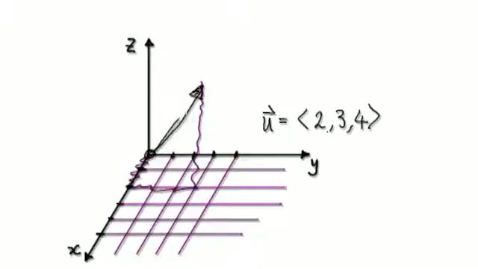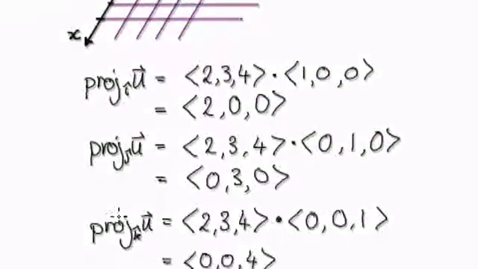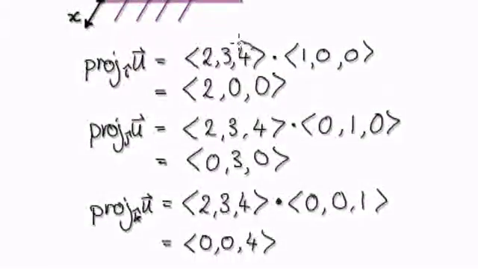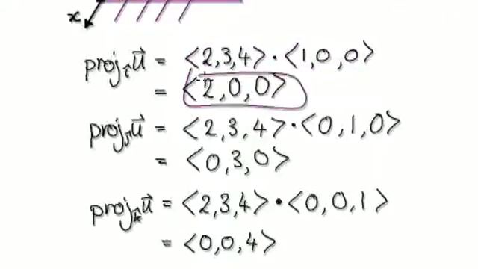If we want to know the component of this vector u in the direction of x, we would just simply get our vector and dot it with our unit vector in the x direction. That would then give us this.